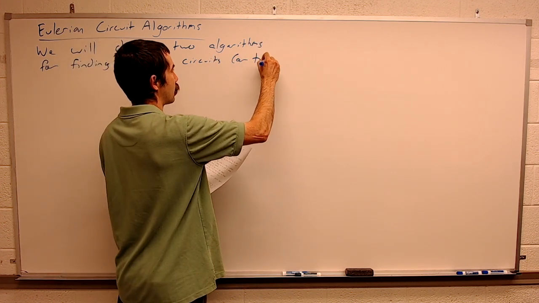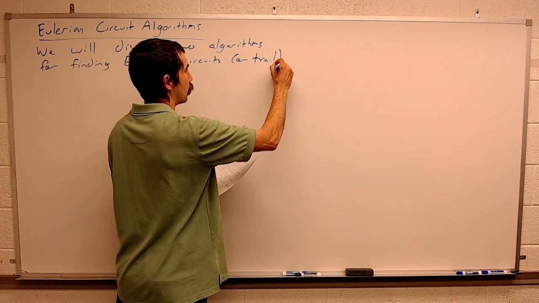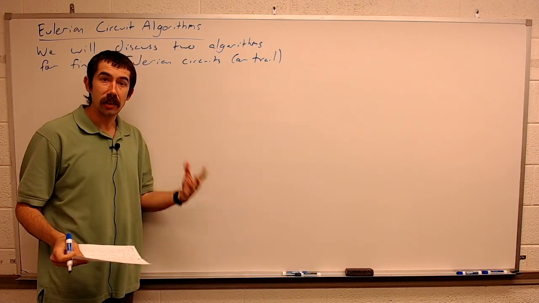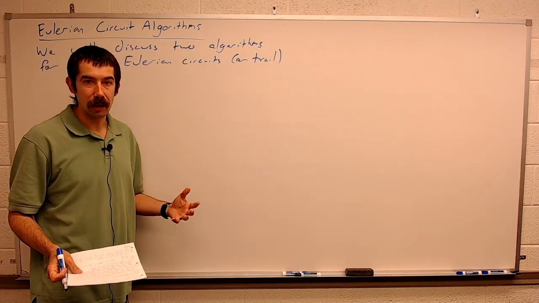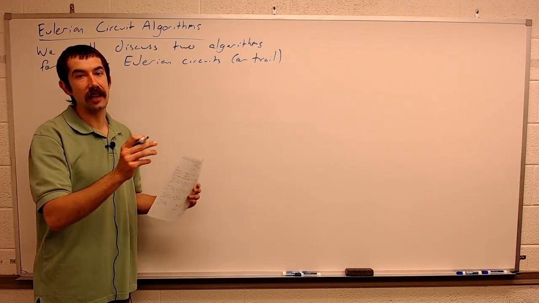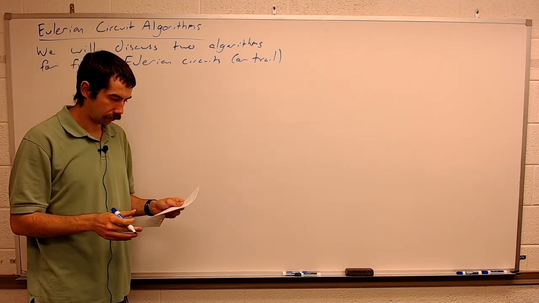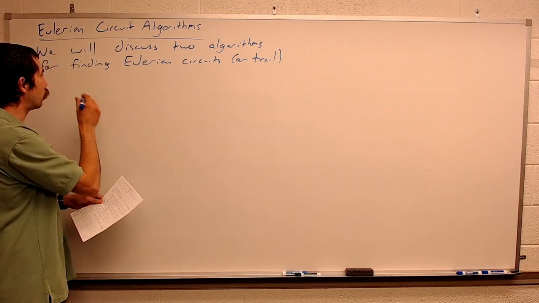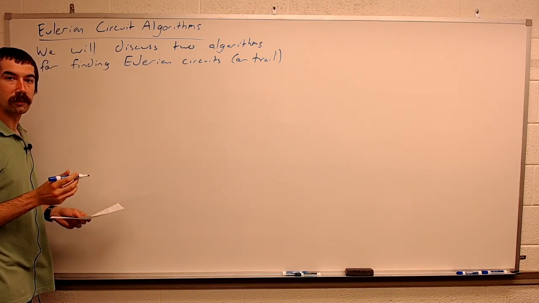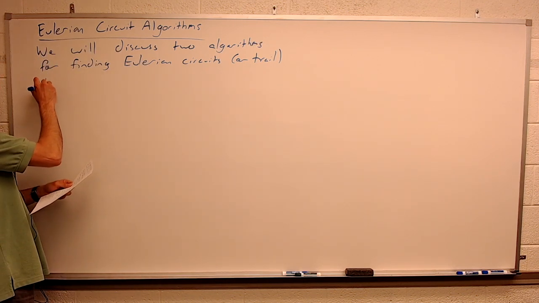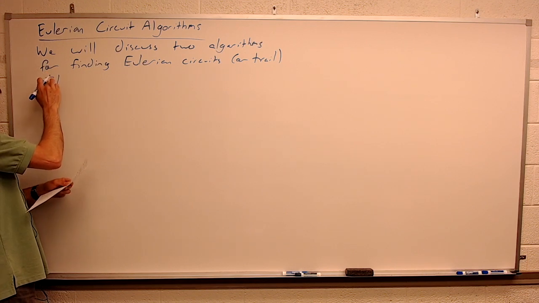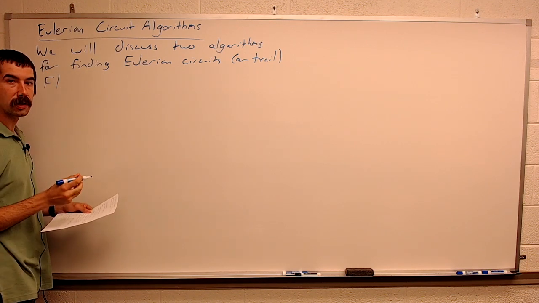So in some cases, we won't be able to find an Eulerian circuit, but we'll be able to find an Eulerian trail. Remember, a trail does not need to start and end at the same point. All right, so the first algorithm we're going to look at is called Fleury's algorithm. And we're going to just walk through the steps of this algorithm.